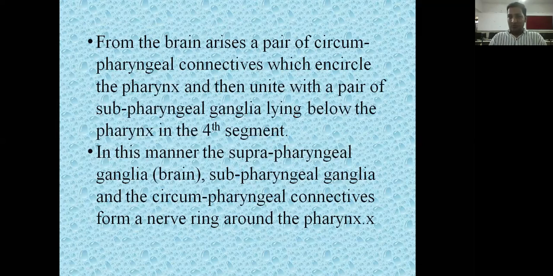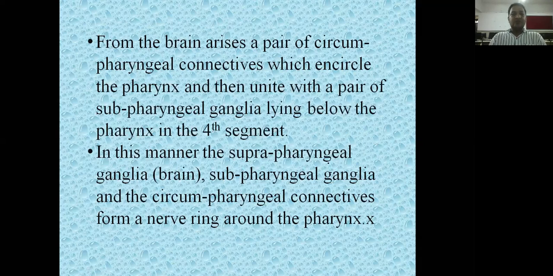From the upper part of the alimentary canal, where the brain is located, a pair of circumpharyngeal connectives arise from the suprapharyngeal ganglion, which complete the circle of the pharynx and attach below the pharynx to the subpharyngeal ganglionic mass in segment number 4.